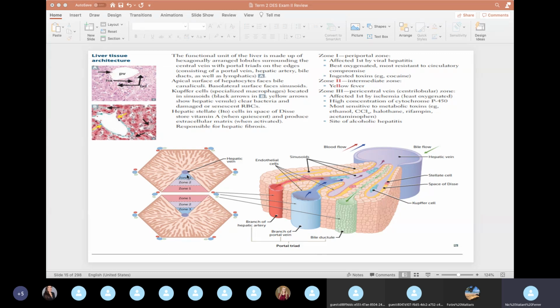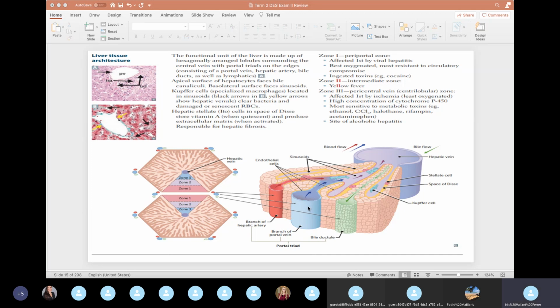It is the least oxygenated of all the zones, highest concentration of cytochrome P450, most sensitive to what? Metabolic toxins. If you think about drugs, rifampin, halothane, acetaminophen, ethanol, and CCl4. This is also the site of alcoholic hepatitis.